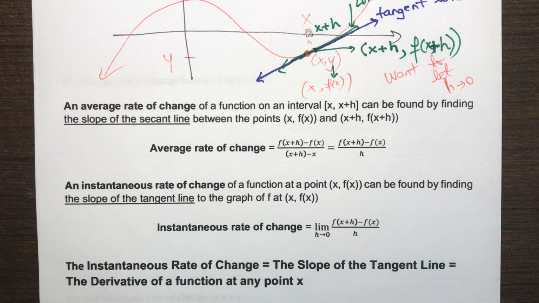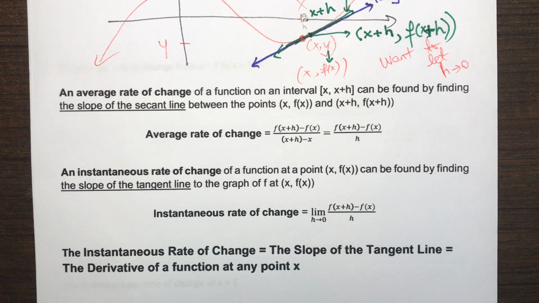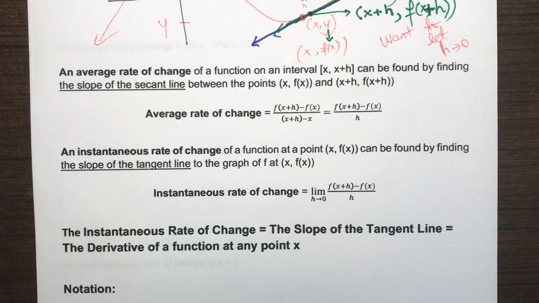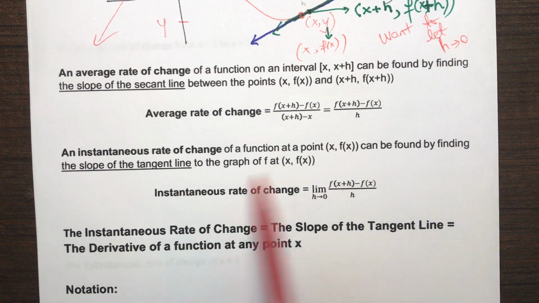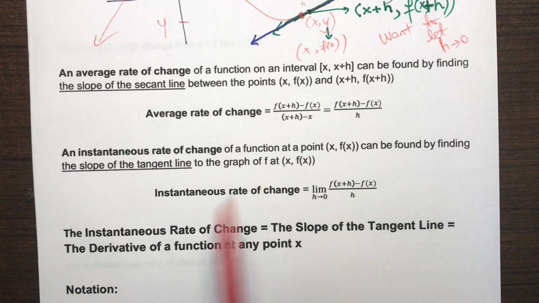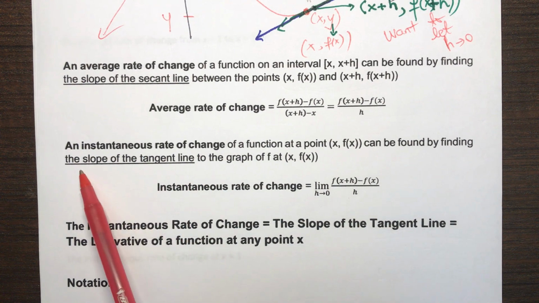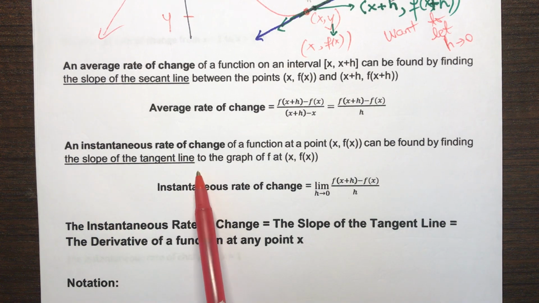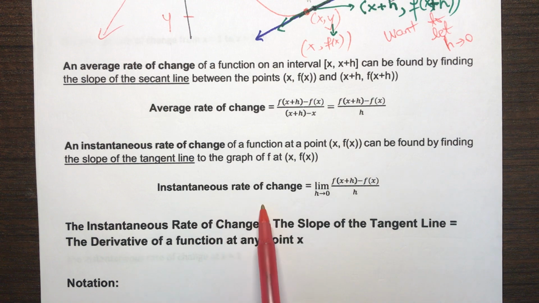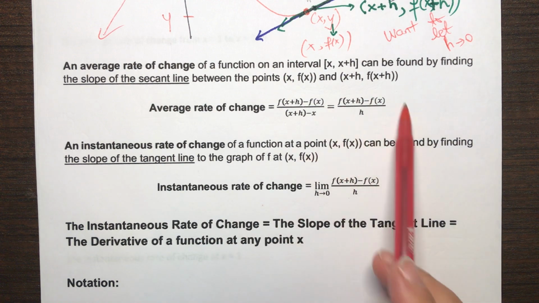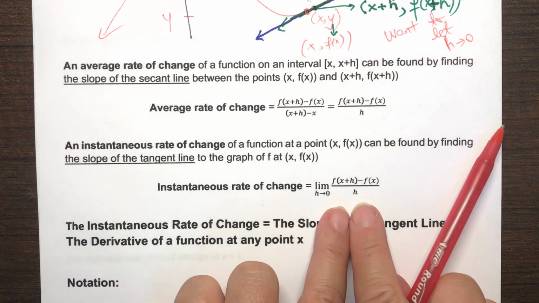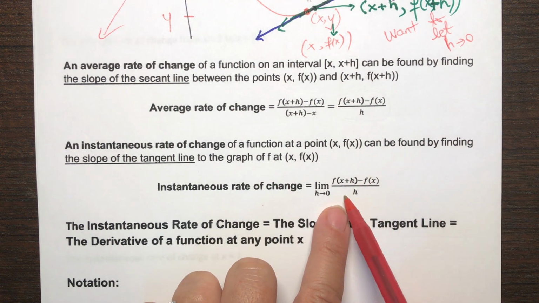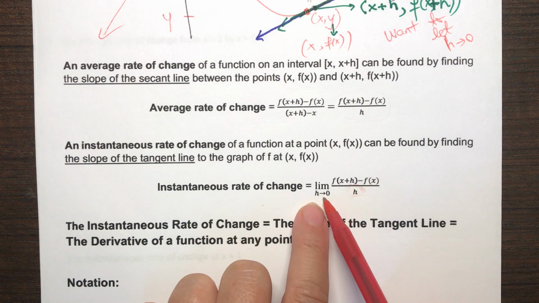Now, how do I find the instantaneous rate of change in a function? To find the instantaneous rate of change in a function, you find the slope of the tangent line to the graph, right? And how do we find that? By letting this average rate of change get closer and closer, where h gets closer and closer to 0.